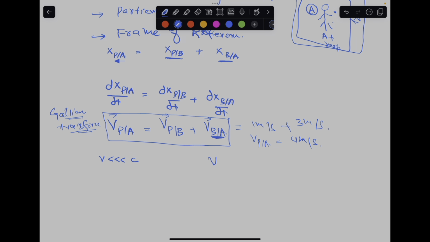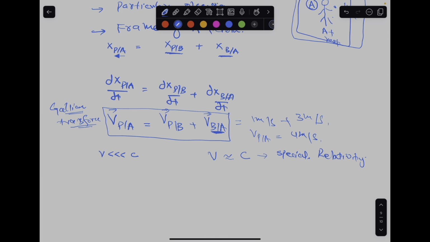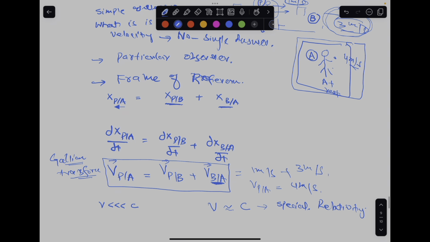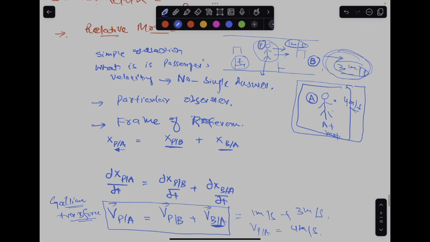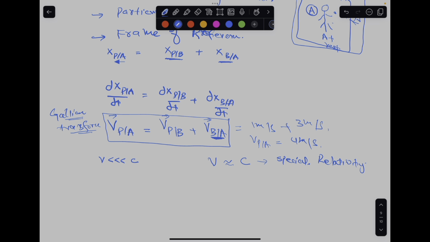But when we move at speeds comparable to the speed of light, then this transformation does not hold, and we need special relativity, which is Einstein's theory of relativity, and Einstein revolutionized our theory. So up till now, we can add velocities according to the specific observer who is observing the motion, according to this Galilean transformation law.